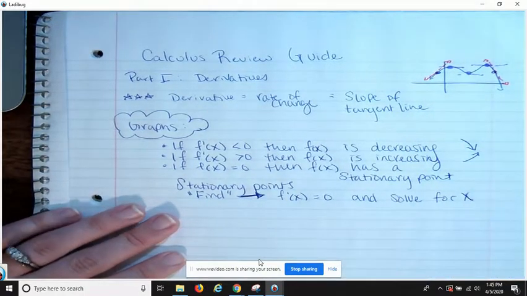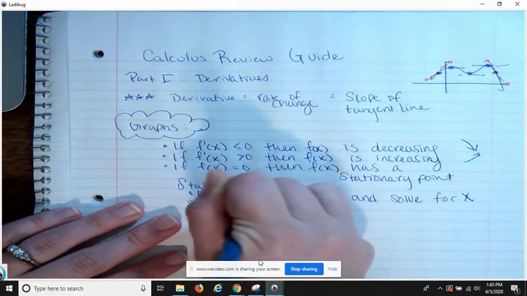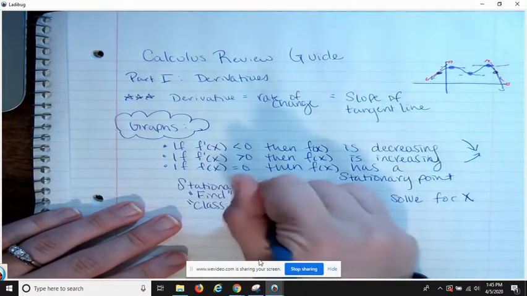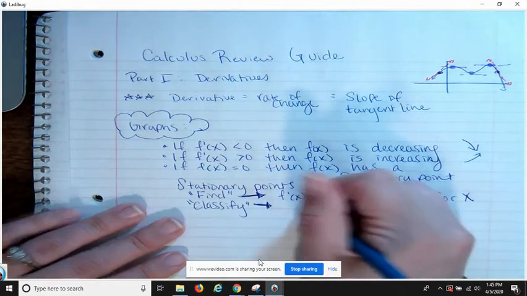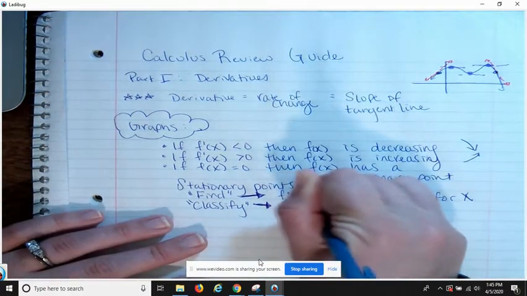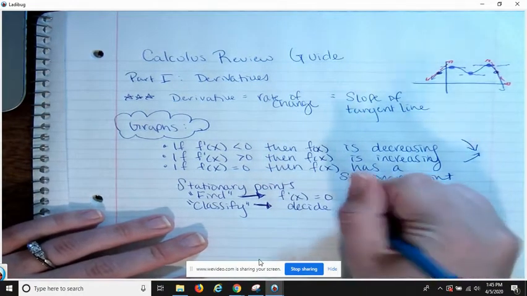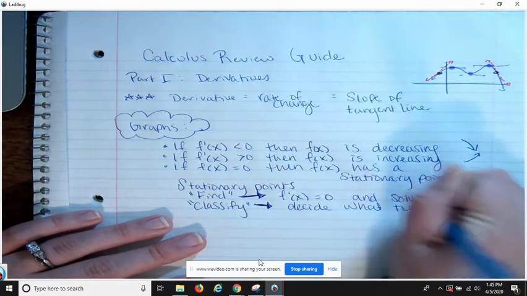Okay, we classify them. Well, classifying means to decide what type they are. Okay, and there are 3 different types that we can have.